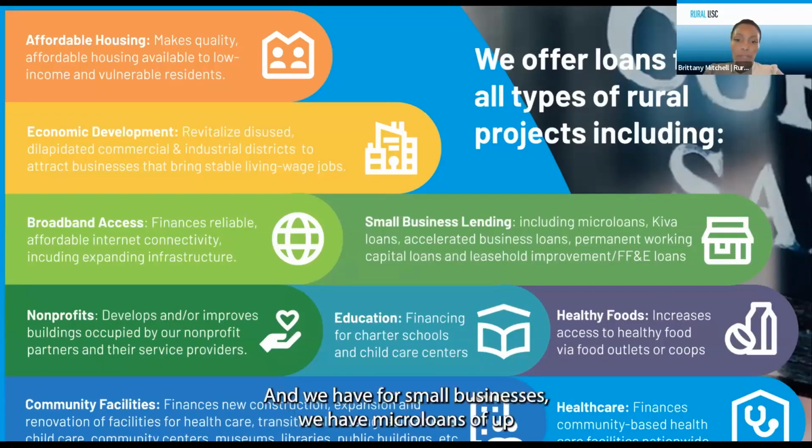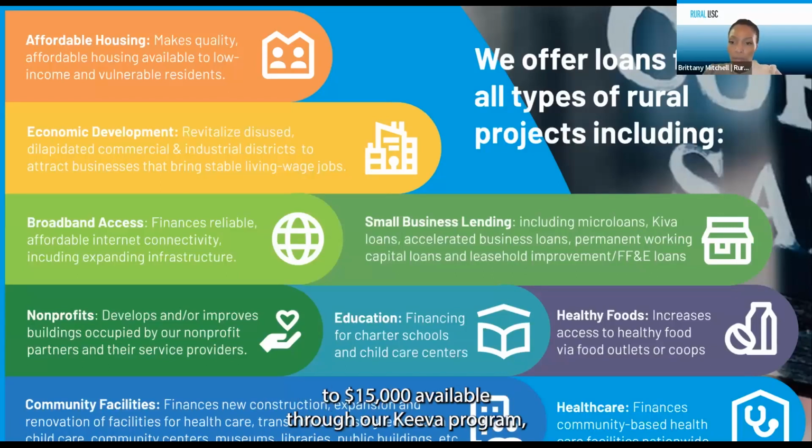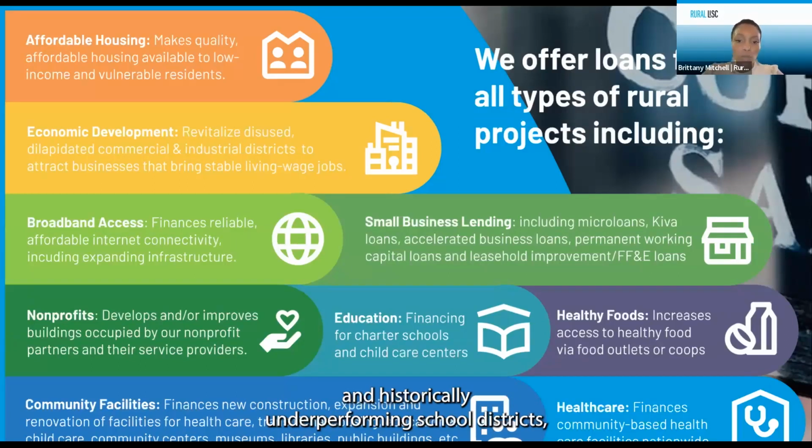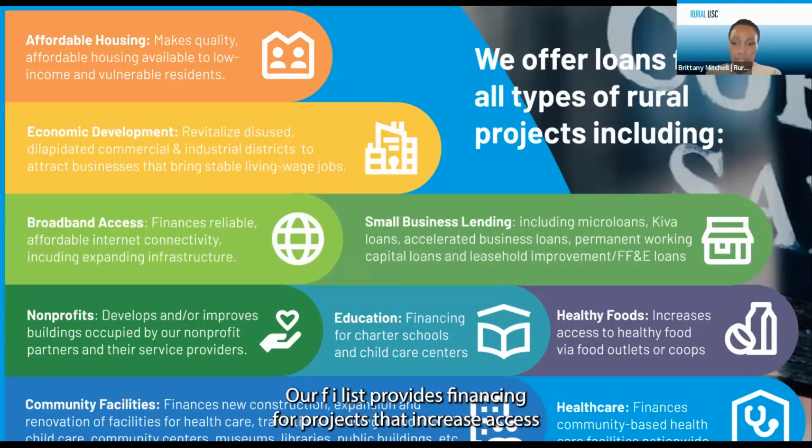For small businesses, we have microloans of up to $15,000 available through our Kiva program. And we also finance high-quality charter schools that offer educational choice to low-income families in historically underperforming school districts, as well as through the CDFI's Healthy Food Financing Initiative, or HFFI.